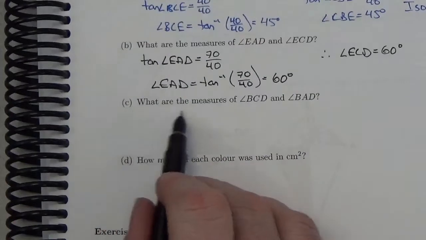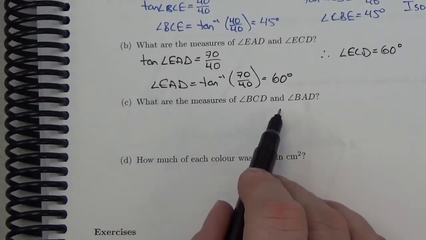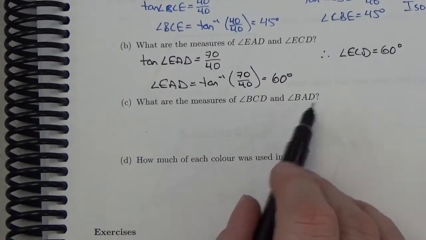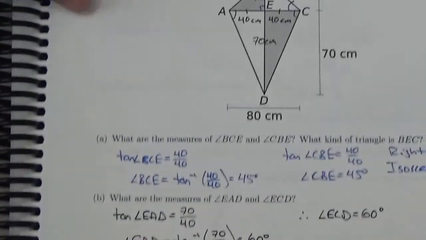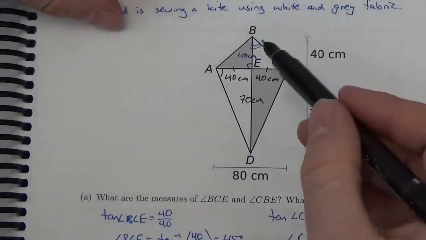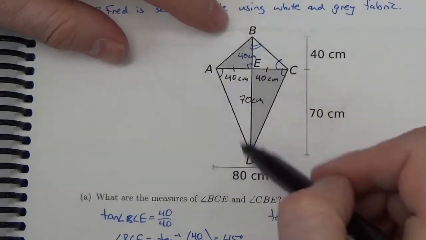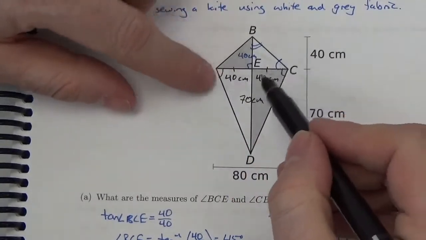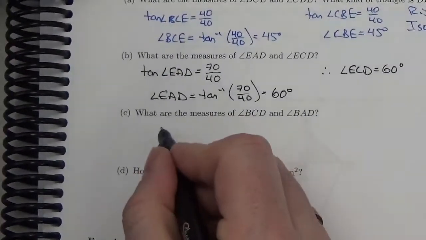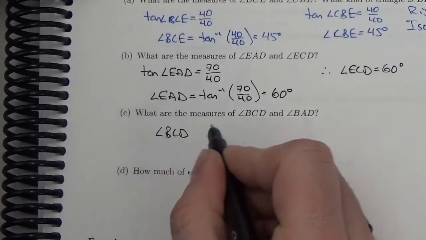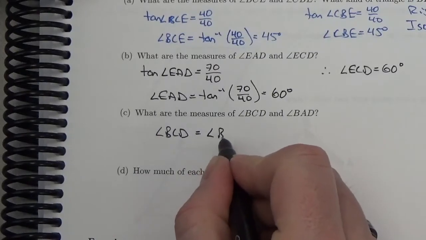Now, what are the measures of angles BCD and BAD? Well, what angles are those? BCD is this big angle right here. BAD is this big angle right here. Because of the symmetry in the problem, I know that they're going to be the same. I know that BCD is going to equal angle BAD.